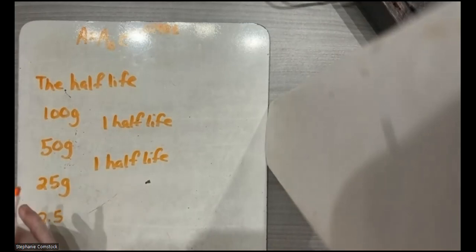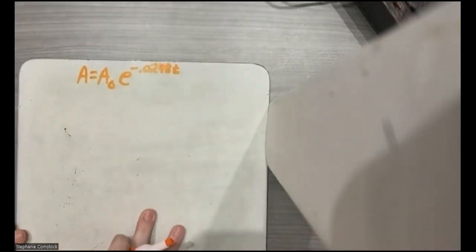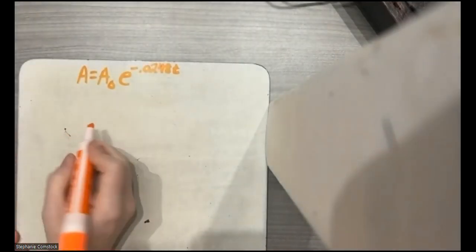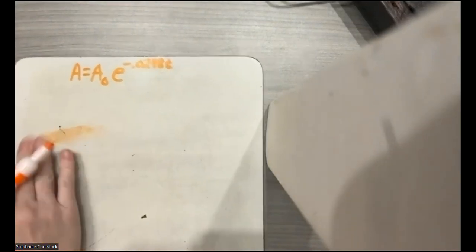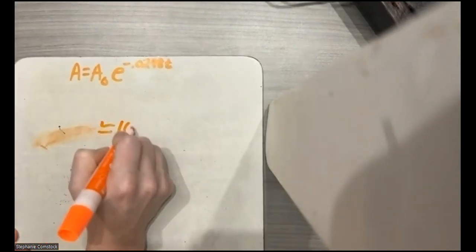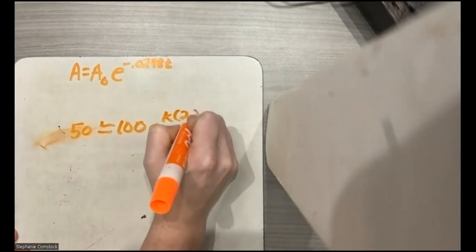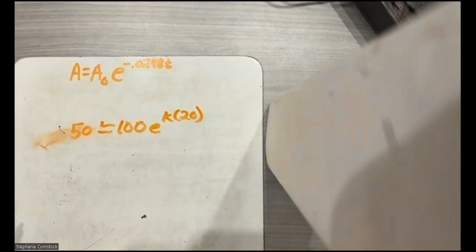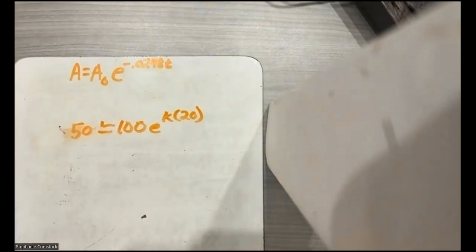Now, oftentimes they will mention just that the half-life of something is 20 years. So the way that I would actually do this before we start on this problem is I would say something like I have 100 grams, 50 were left after 20 years. And so I would work that out that way so that I could figure out what the k value would need to be.